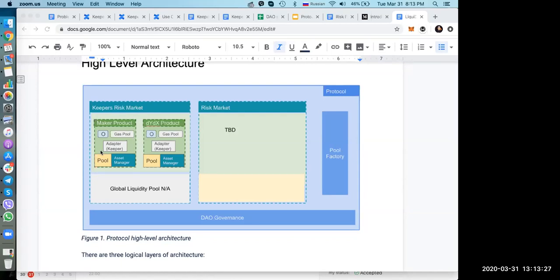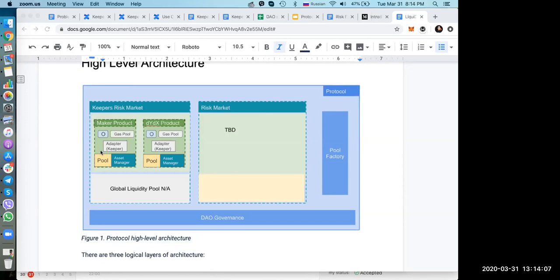Actually, from the first glance, the keepers just need capital to make the bids on the auctions and get some profit, and for that it's enough to have a liquidity pool. But the keepers making the bidding on the auctions, it's an action which actually contains inside a lot of different risks. First of all, the gas cost.